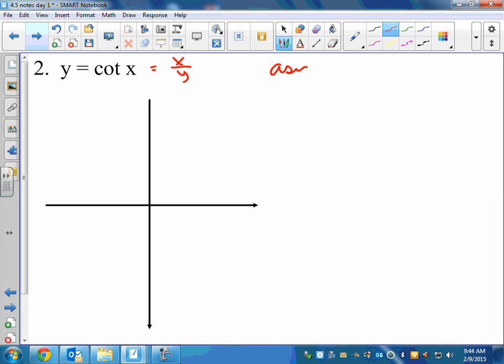So it's going to have asymptotes where y equals 0, which means at values like 0, pi, 2 pi, 3 pi. Or could I just say asymptotes at pi n? Would that work?